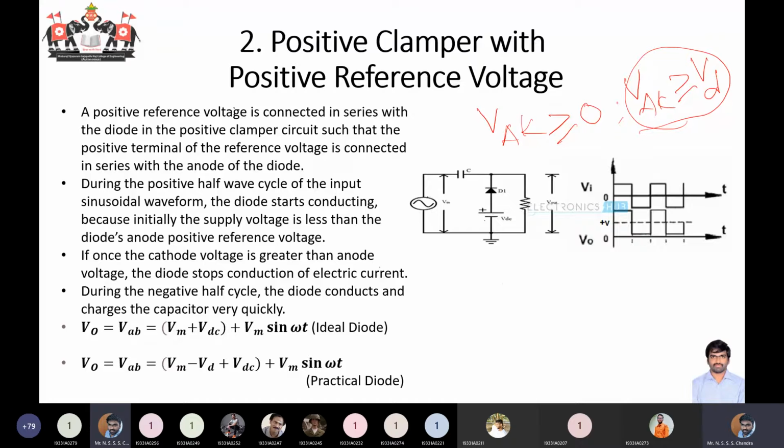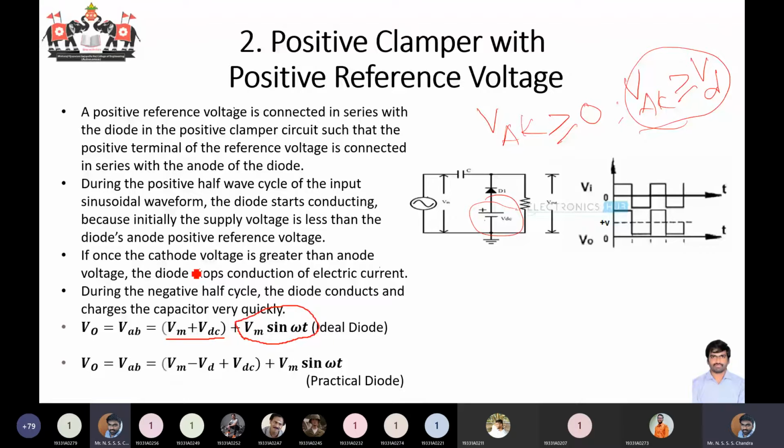So additionally, you will get this VDC content in the output. For an ideal diode, instead of writing Vm, now your capacitor will be charged to a voltage of Vm plus VDC. So in the output, you can observe that V0 is equal to Vm plus VDC, and then you have your normal Vm sin omega t.